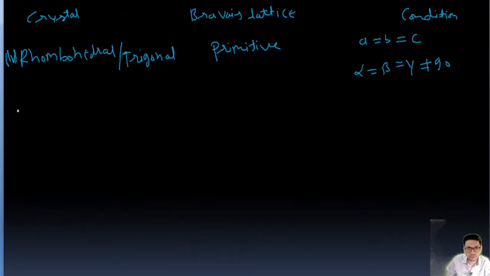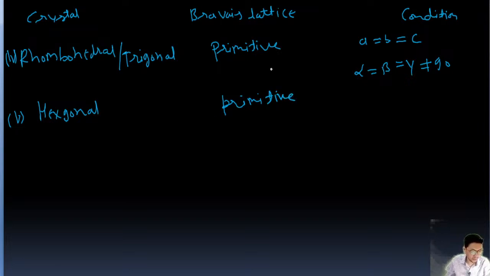There are 7 crystals, and the fifth is hexagonal. I'll tell you a trick as well. For hexagonal, the Bravais lattice is primitive, and the condition is A equal to B but not equal to C. A, B are equal, but the third side is not equal.